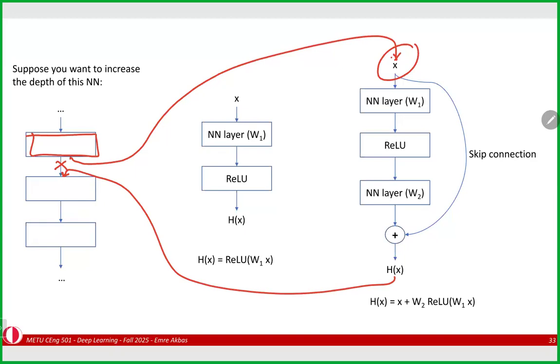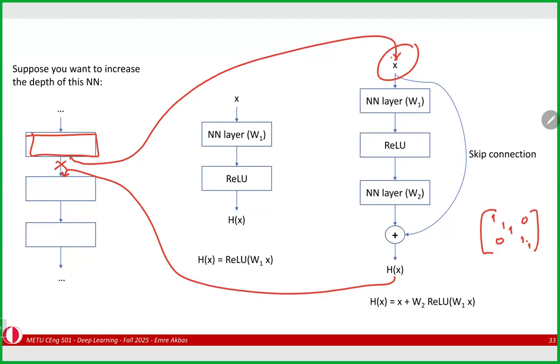Okay, so this formulation is equivalent in theory to the formulation where you set the diagonal to 1 and zeros elsewhere. But this, in practice, causes optimization difficulties. But this one does not, because this starts with zeros, W2. That's it, actually. And this is called the residual connections. This is called skip connection or residual connection.